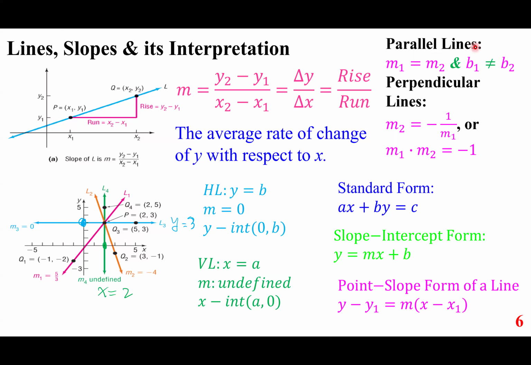Parallel lines, they have equal slopes, different y-intercepts. Perpendicular lines, slope of one is the negative reciprocal of the other, or their product is negative. So that's the synopsis of dealing with lines.